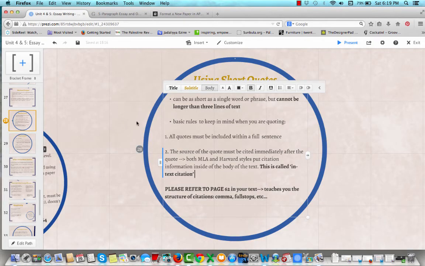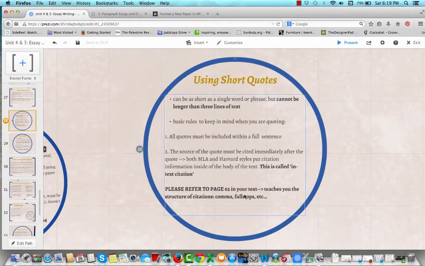Let's go back. So these are specific rules. But there are much more detailed rules in your book, so please refer to page 62 in your text. It teaches you about the structure, commas, how to place them, where to place full stops, how you should start or end a short quote.